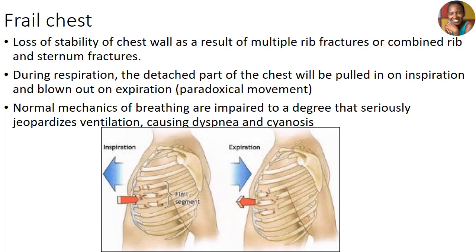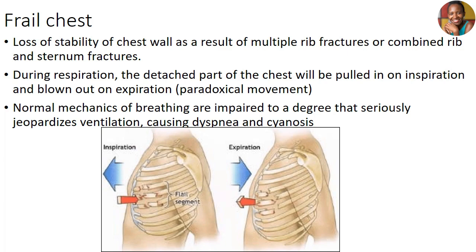So when during inspiration the chest wall is pulled inwardly, and during expiration the chest is pulled outwardly, we call that movement paradoxical, meaning it's happening in the opposite direction.